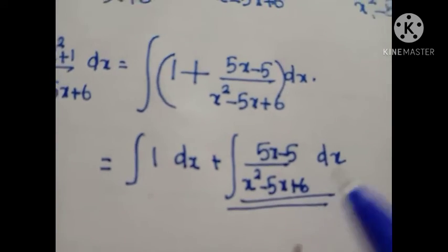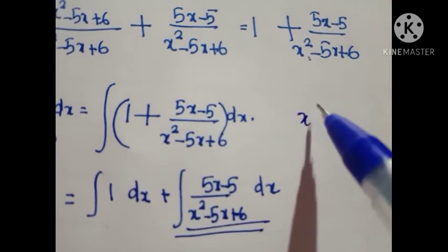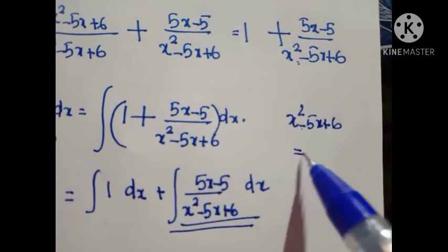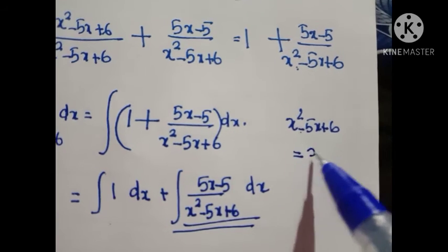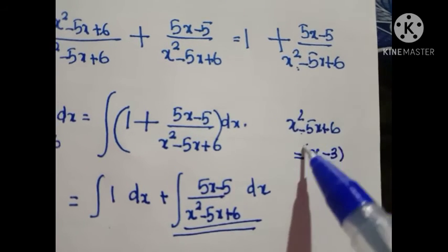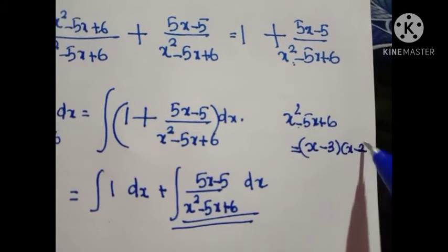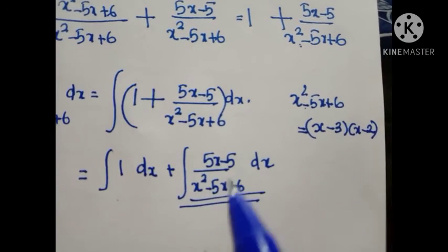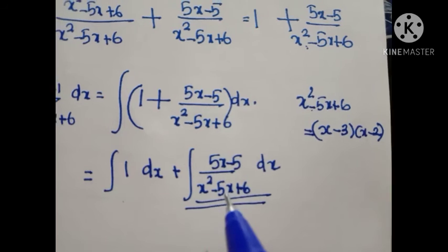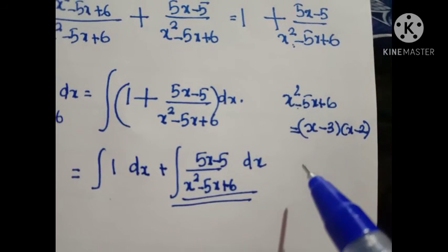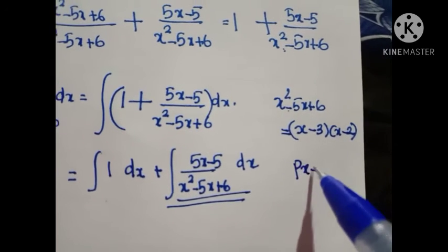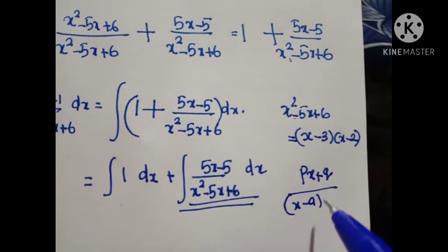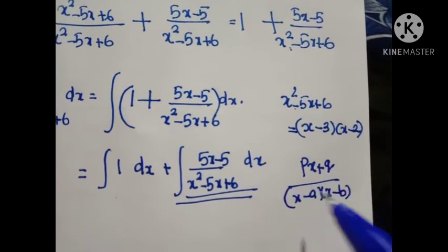See, this is a quadratic expression, x² − 5x + 6. It can be written into linear factors, how? (x − 3)(x − 2). So this became (5x − 5)/((x − 3)(x − 2)). Now listen, it is of the form (px + q)/((x − a)(x − b)).